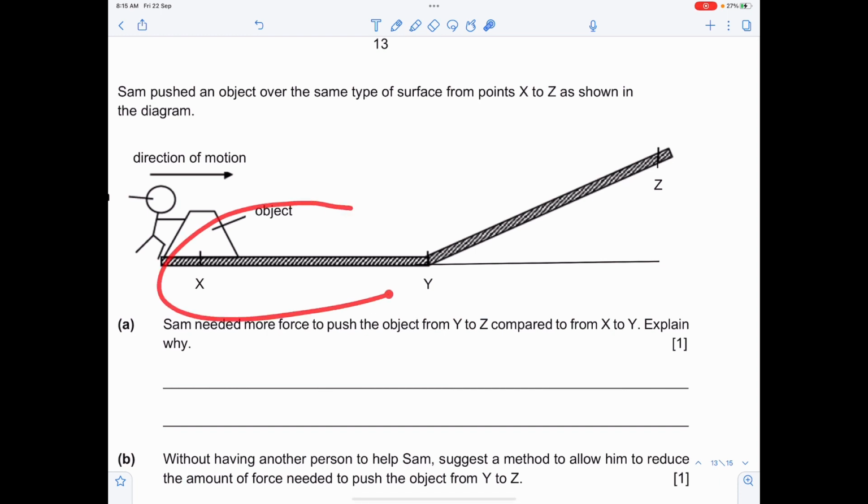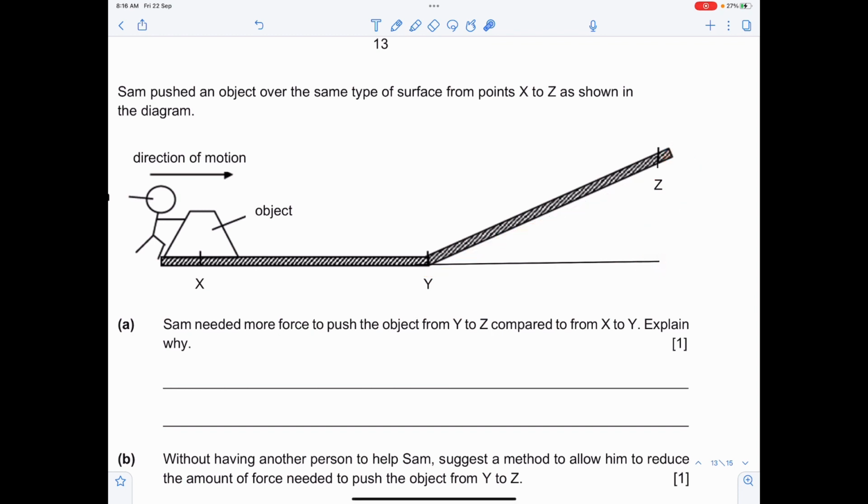So between scenario A and scenario B, we know that one is horizontal and one is going upwards. So the difference is that your object, when it's from X to Y, is not going against gravity, whereas from Y to Z, it is going against gravity. Gravity is going down, you are trying to push the object up.